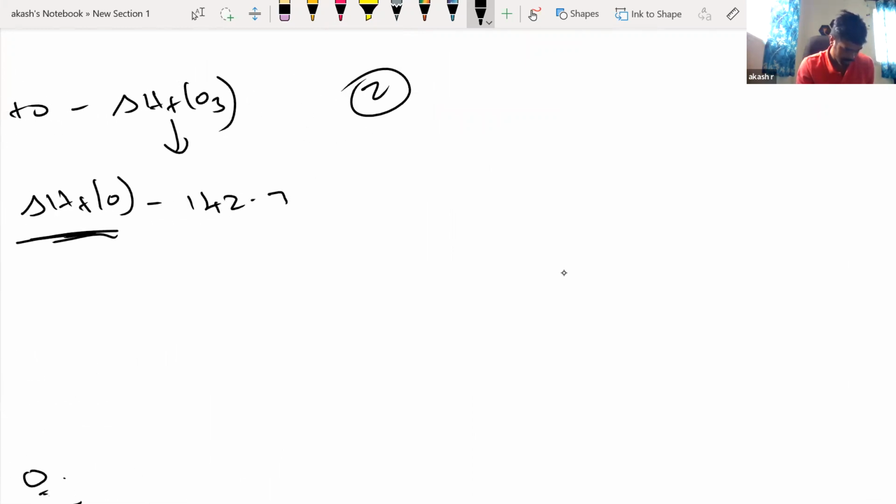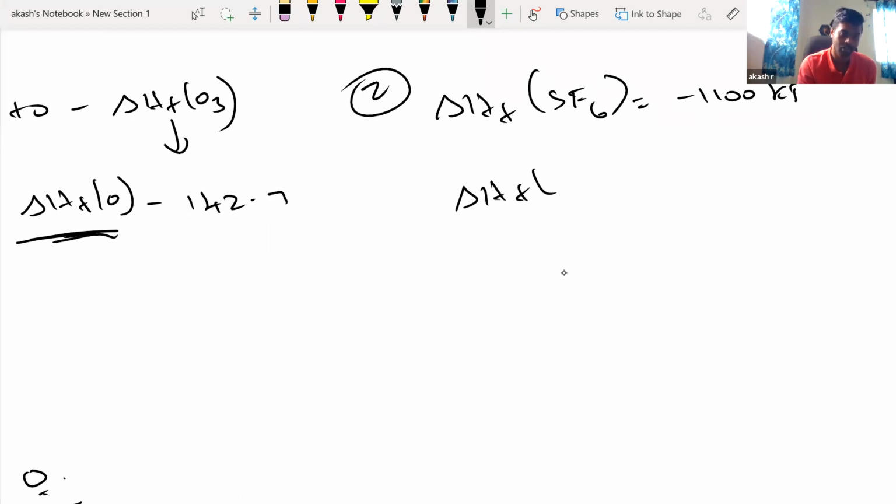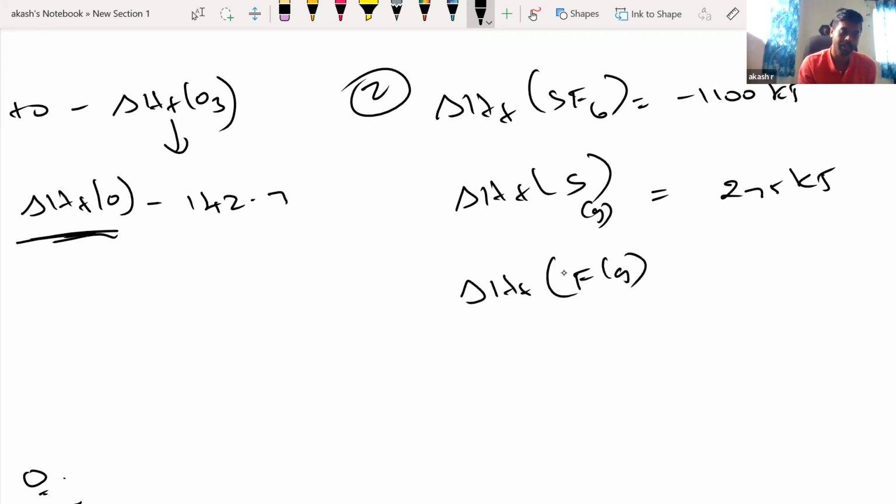So standard enthalpies of formation: they have given delta HF of SF6 to be minus 1100 kilojoules, and enthalpy of formation of sulfur gas is 275 kilojoules, and enthalpy of formation of fluorine gas atom.